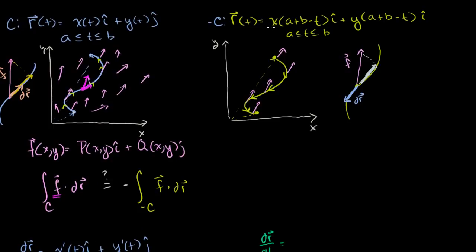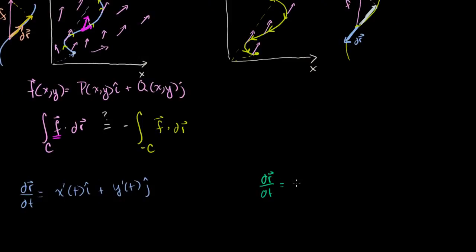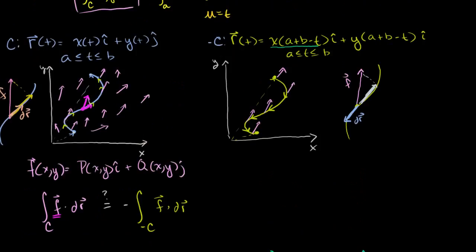The derivative of this term with respect to t, that's the derivative of the inside, which is minus 1, times the derivative of the outside with respect to the inside. So that's going to be minus 1 times x prime of a plus b minus t times i. And then same thing for the second term.